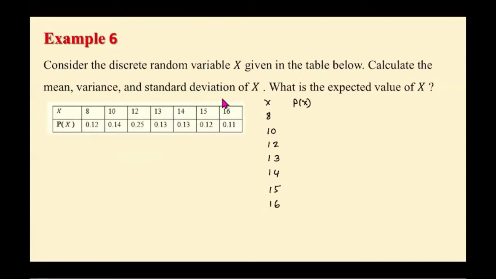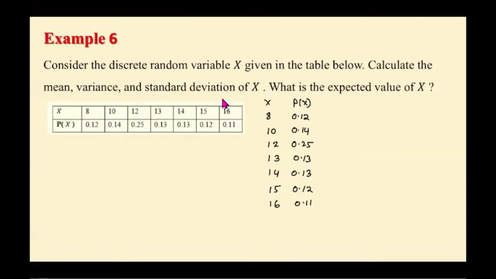P of x is 0.12, 0.14, 0.25, 0.13, again 0.13, then 0.12, and 0.11. These are the values. Now the first thing we want here is the mean.